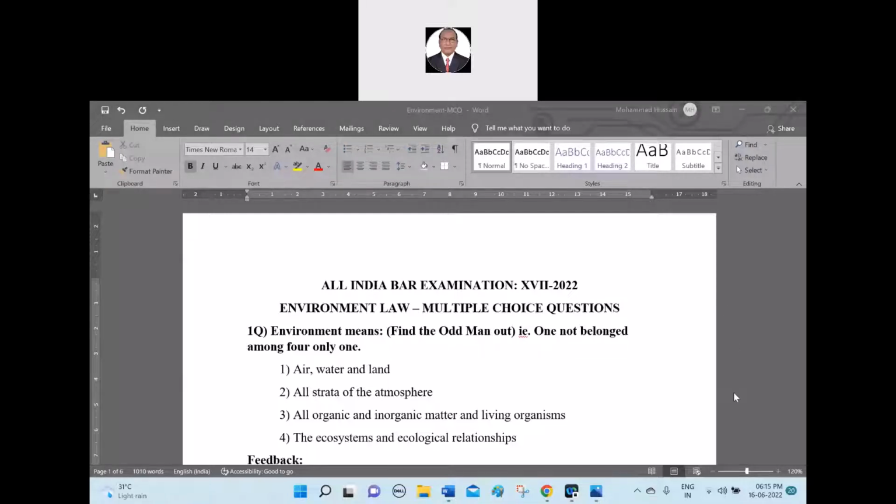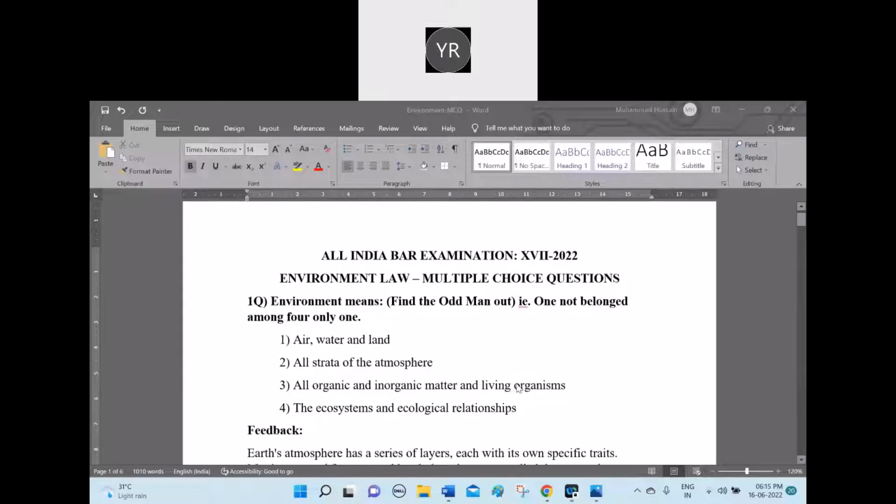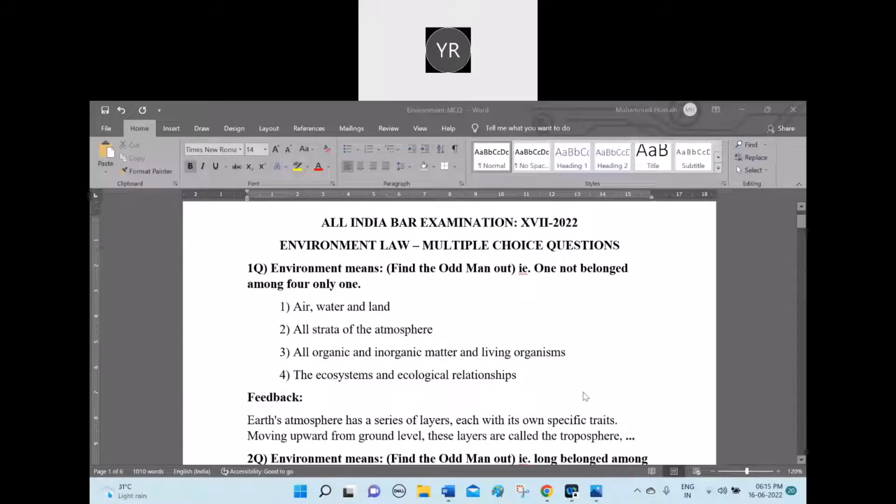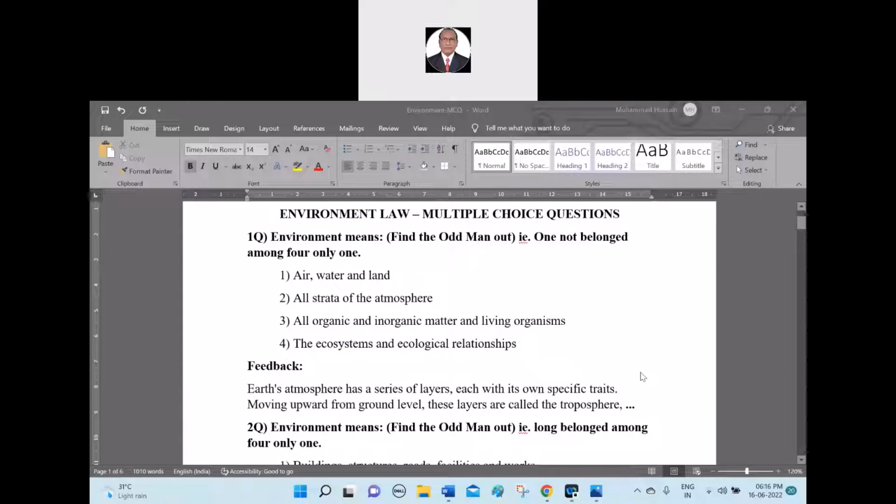Rajashree, are you hearing me? So it is the second one. All strata of the atmosphere is not there. The Earth's atmosphere has a series of layers, each with its own specific traits moving apart from the ground level. These layers are called the troposphere. We can say all layers of the atmosphere.